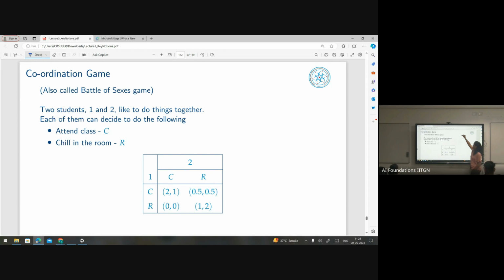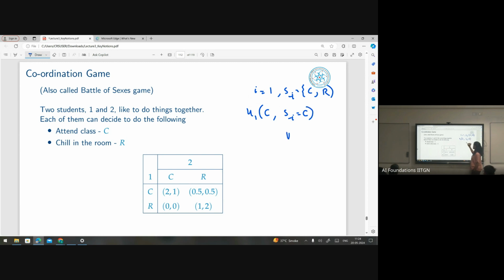So for when i is equal to 1, and s minus i, that is the second agent's strategies, could be either C or R. So if I go to class, then the other agent is going to class.